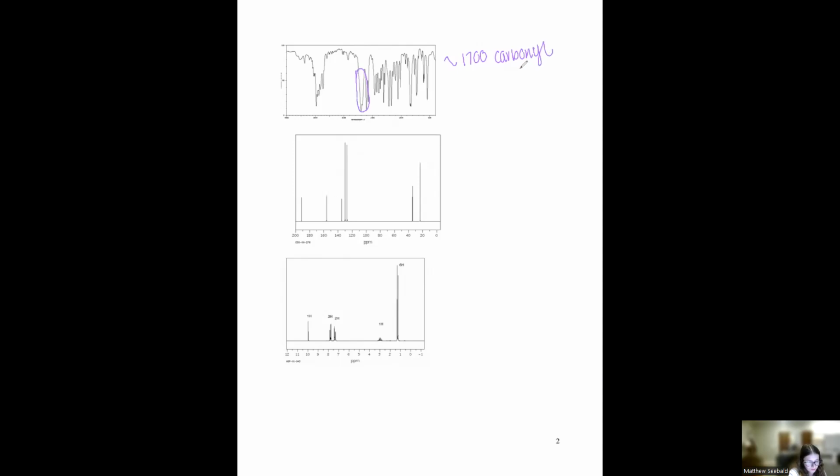Since our formula only contains one oxygen, I'm focused on determining if there's either a ketone or aldehyde within our molecule. If we look right around 2600 to 2800, we can see 2 peaks that are consistent with an aldehyde.